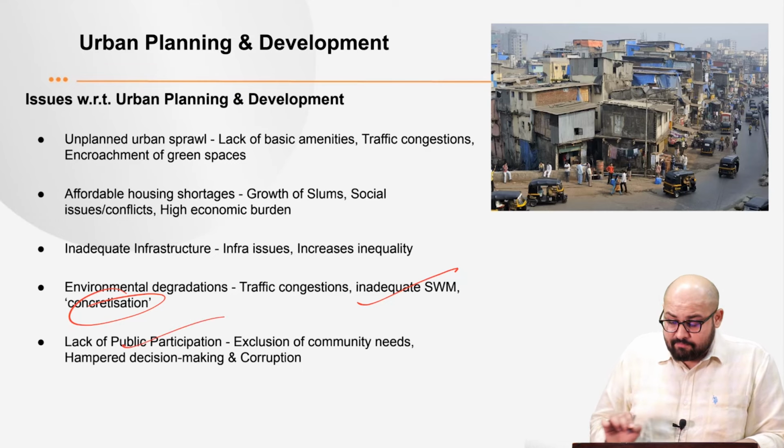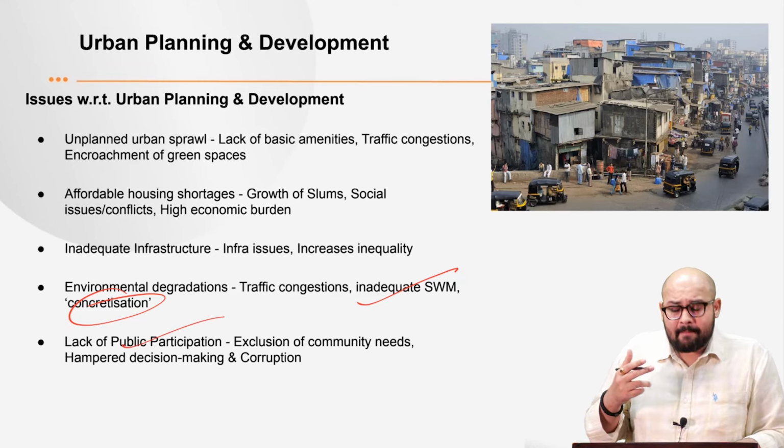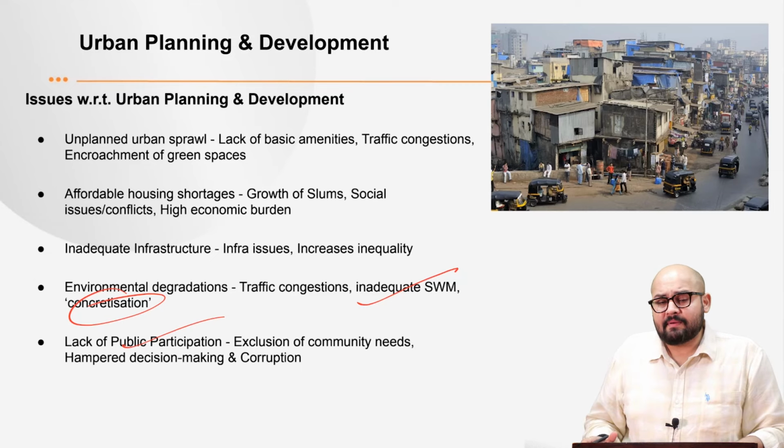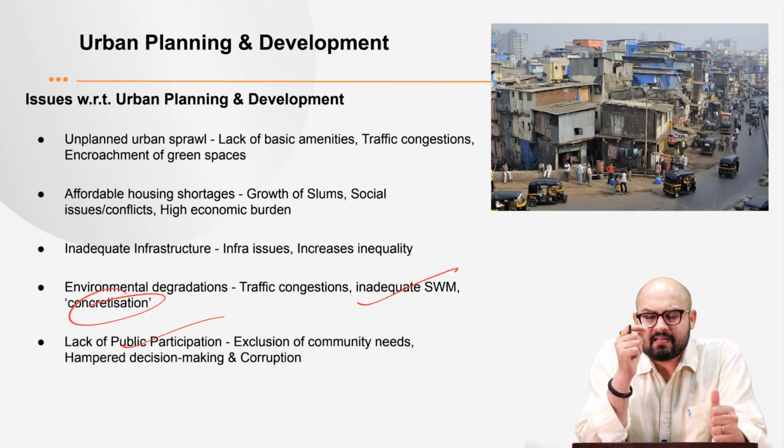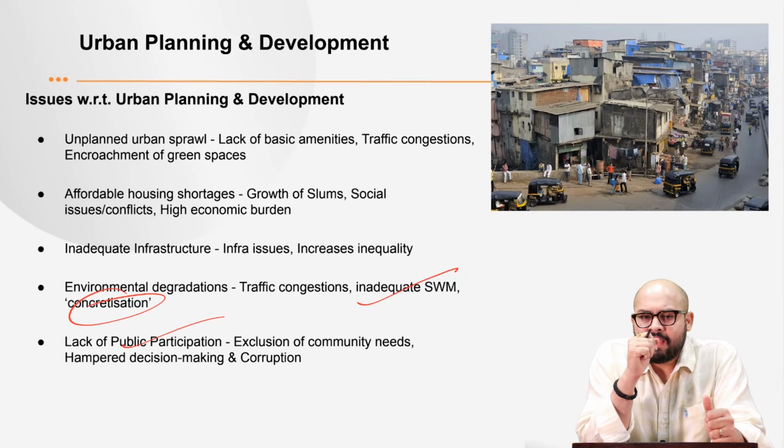Then we have got lack of public participation. According to Transparency International, urban planning and development in India has primarily been bureaucratic, top-driven, right? What it means is that it does not include the say of the people.